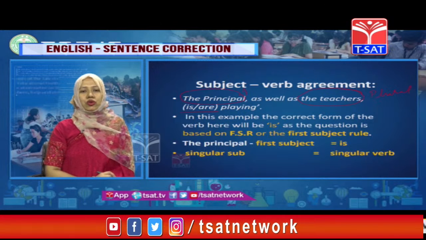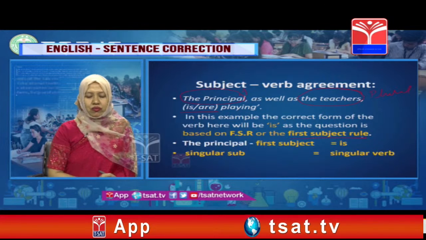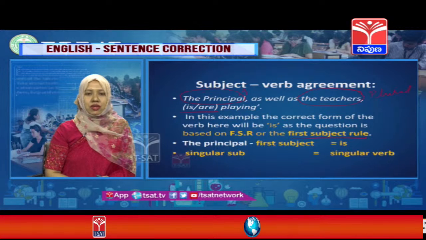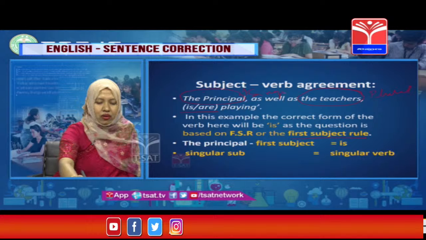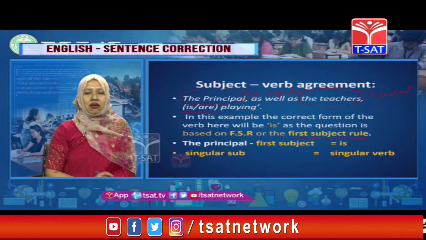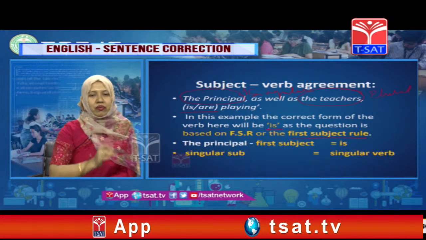Now what verb will you use? If you follow the first subject rule, what is the first subject? The first subject is principal. Principal is a singular subject. So along with this farthest subject rule, we use singular verb.